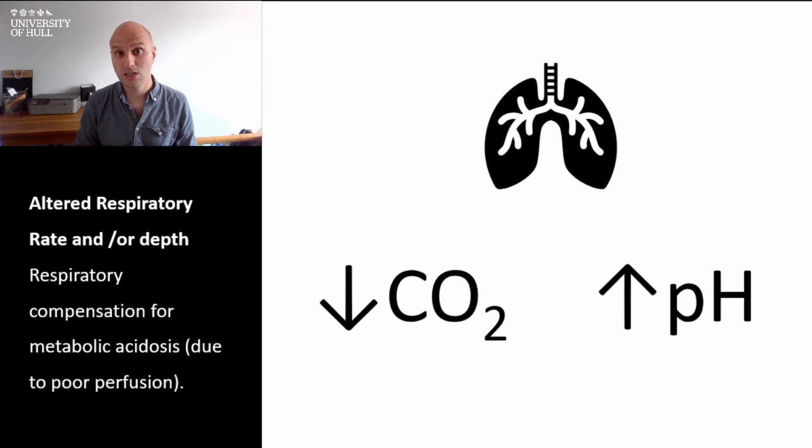So you get a change in the respiratory rate, someone might breathe faster, we call that tachypnea, and they may also breathe very deeply, so bigger volumes that they're breathing out and getting rid of that carbon dioxide, and in doing so trying to rebalance the acidity of the blood that is being caused by the altered metabolism due to the shock state. But we'll talk about this more in subsequent tutorials.